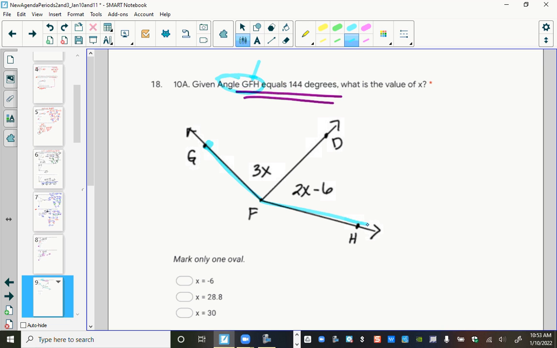Remember, the grand total between these two angles will equal 144.